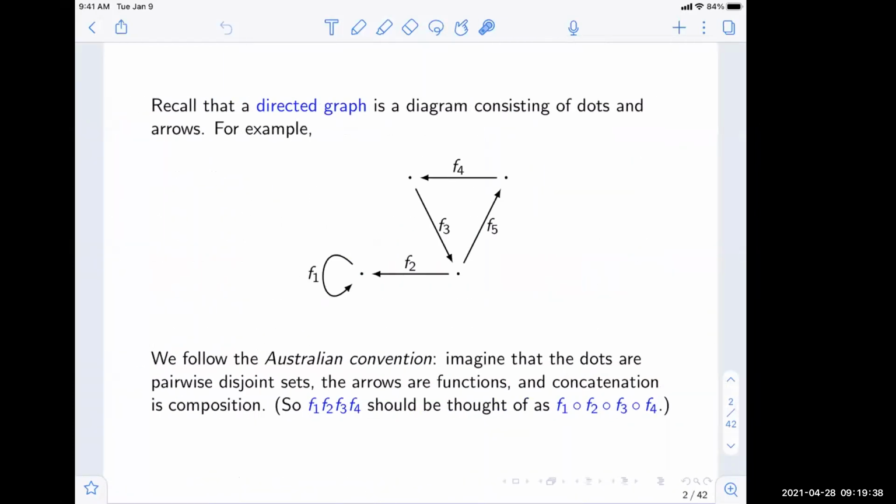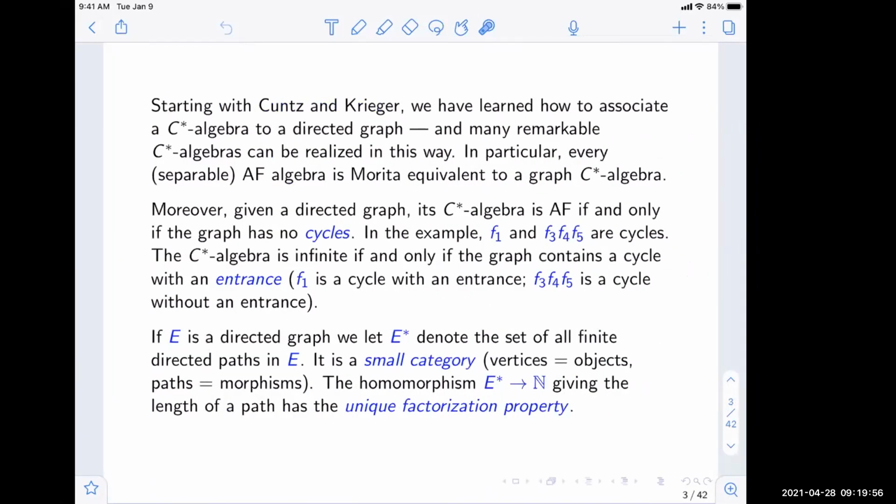Let's just say that it's pretty clear that the cycle F1 has an entrance because we can get into it by following F2. Whereas this cycle has no entrance because there's no way to get into it. If you're in it, you're in it. If you're not in it, you can't move toward it. So having a cycle with an entrance turns out to be what gives you an infinite C-star algebra. So it's remarkable how tightly the properties of the graph control properties of the C-star algebra.